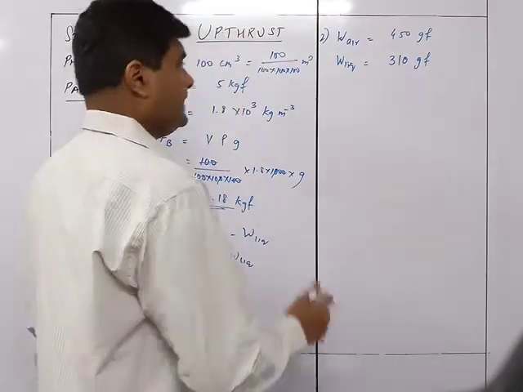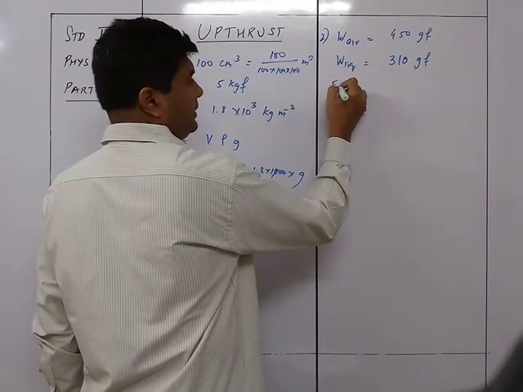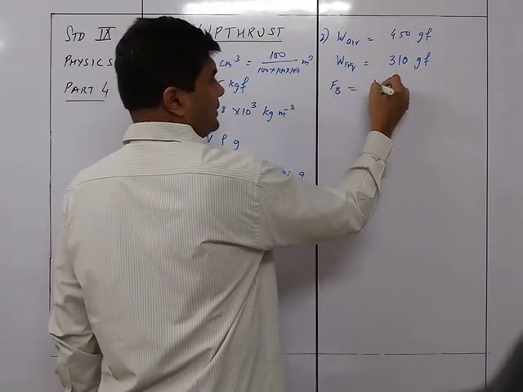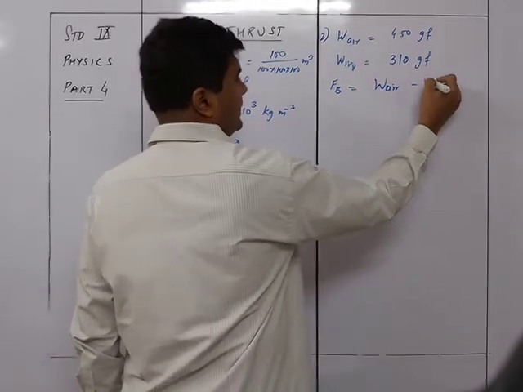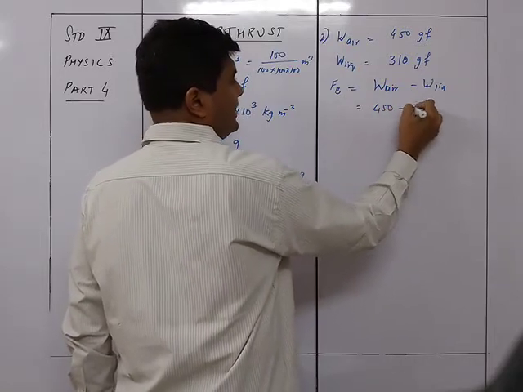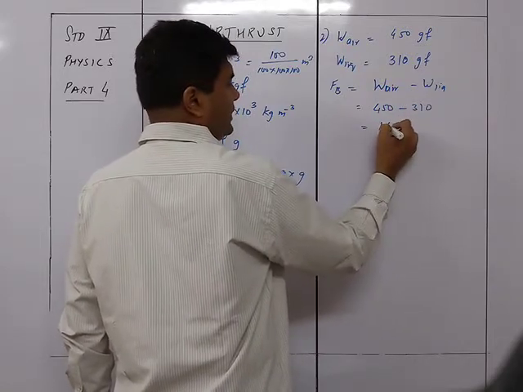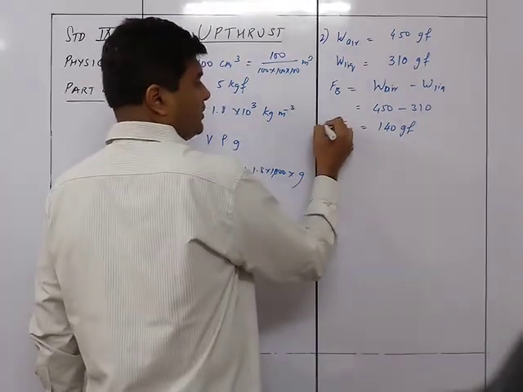So first thing we are going to take over here is that FB is equal to weight in air minus weight in liquid. So it's equal to 450 minus 310 is equal to 140 gf. So FB is equal to 140 gf.